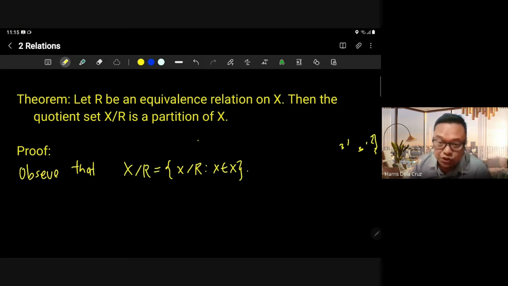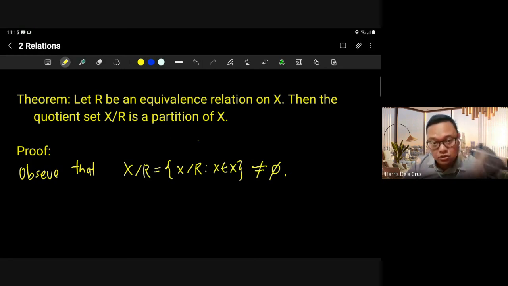So let's observe that this collection is non-empty. Okay? We've already established that. Laging may laman yan. So this is non-empty. So all we need to do is to show that this is actually a partition.